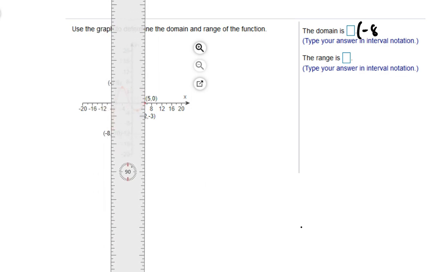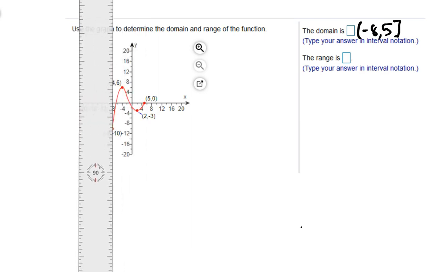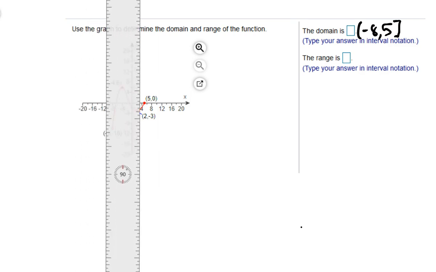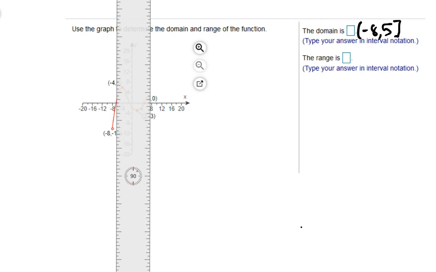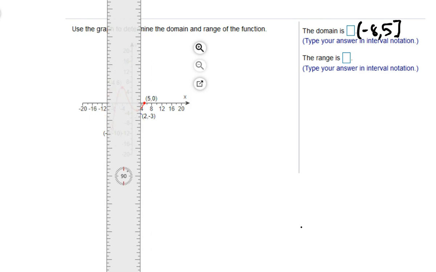The last time I hit the graph will be at this 5. Now you'll notice that I'm going to put a parenthesis on the negative 8. That's because that's an open circle. And a bracket on the 5 because that is a closed circle at that point. So that's how I find the domain.